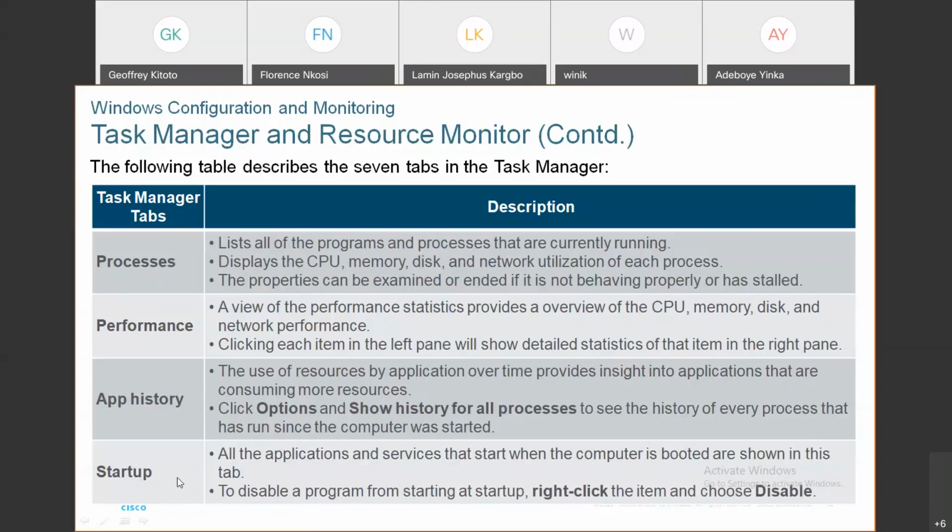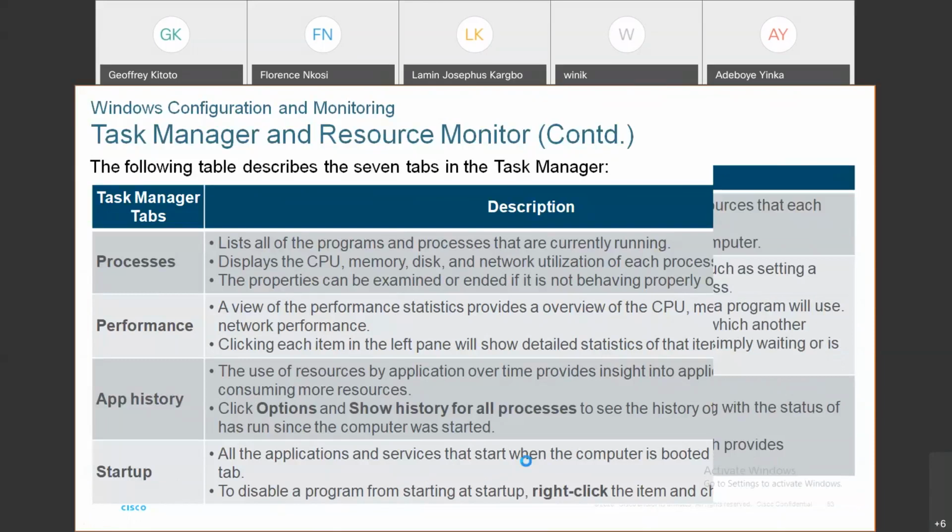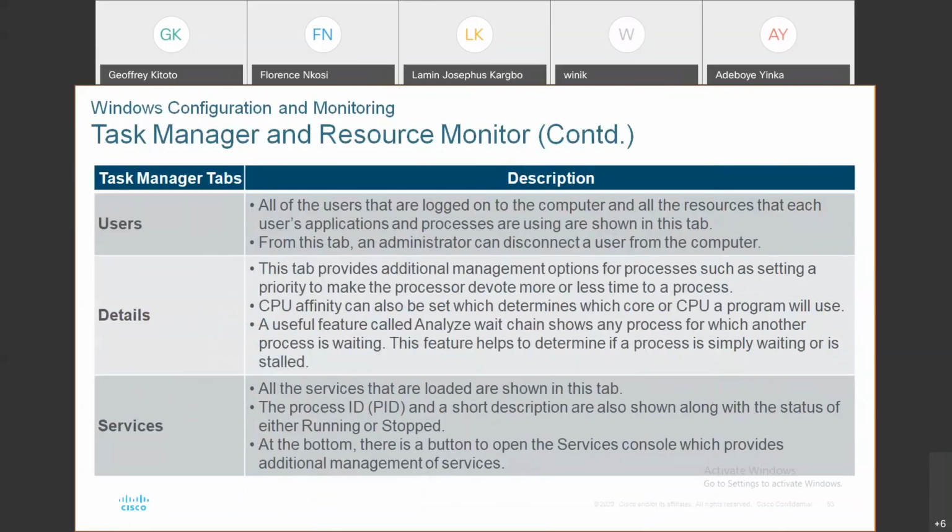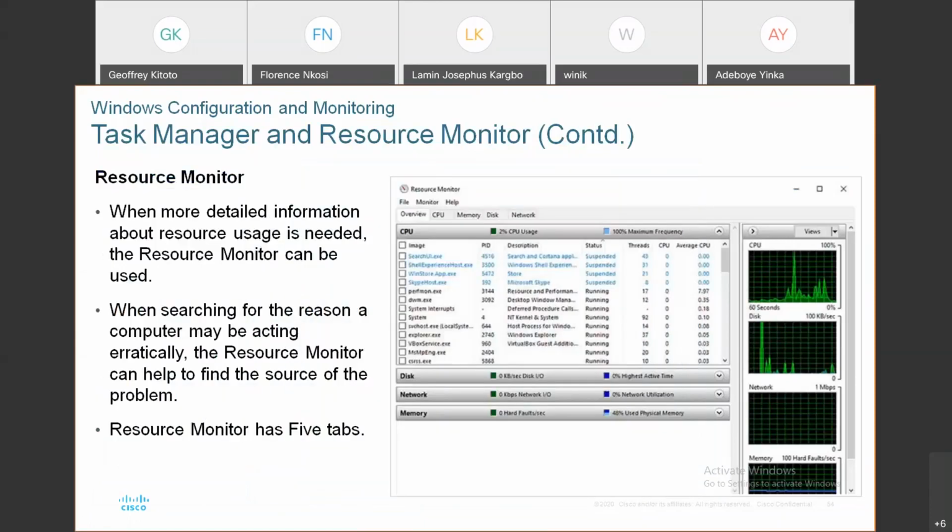Some startup services are indicated, and you can disable or enable some of those services. Users, details, services, etc., you get them under the Task Manager tabs, those 7 tabs, whatever you want to perform.